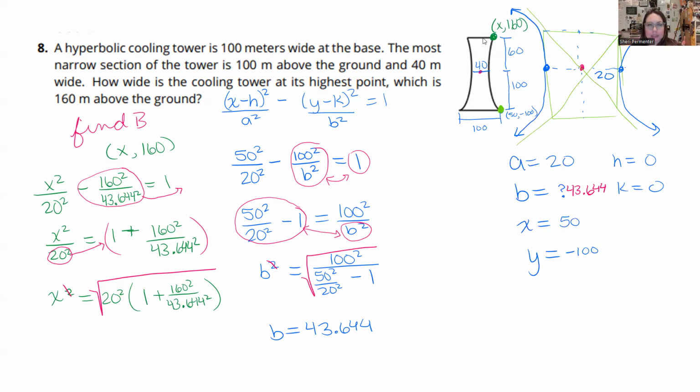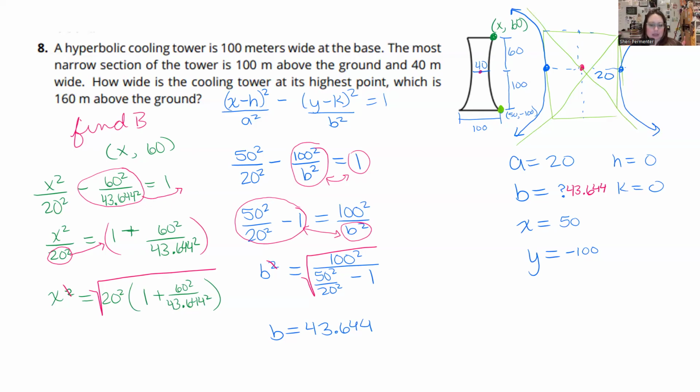Are we going the full 160? We're just going 60. So I need to erase the 1 everywhere. That's an easy fix. There we go. I took off all of the 1s. I'm just going a value of 60 to get to the top of the tower. I'm smarter than that.